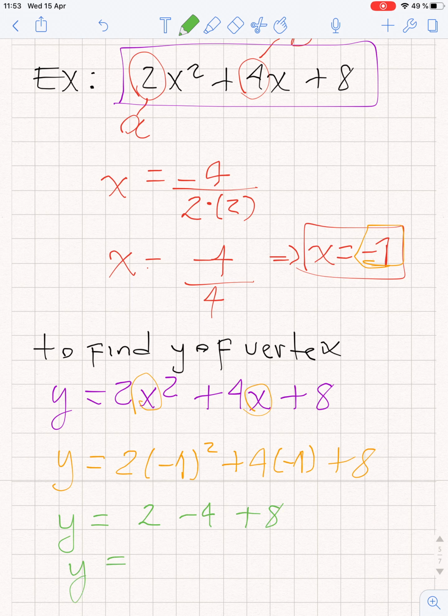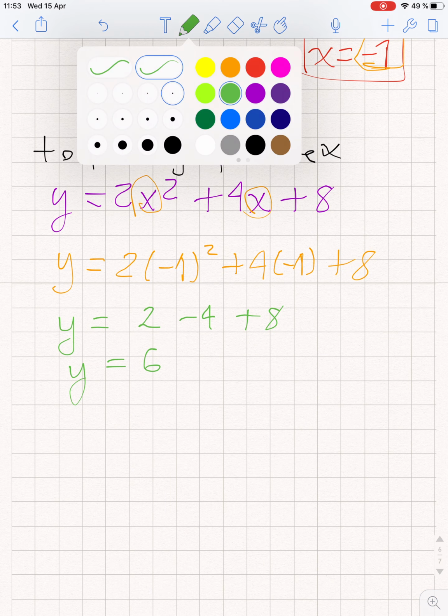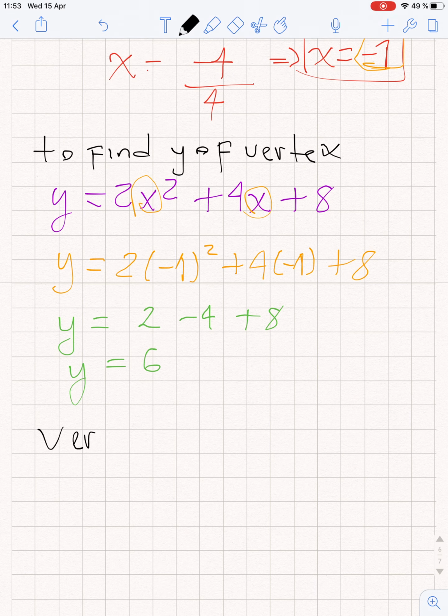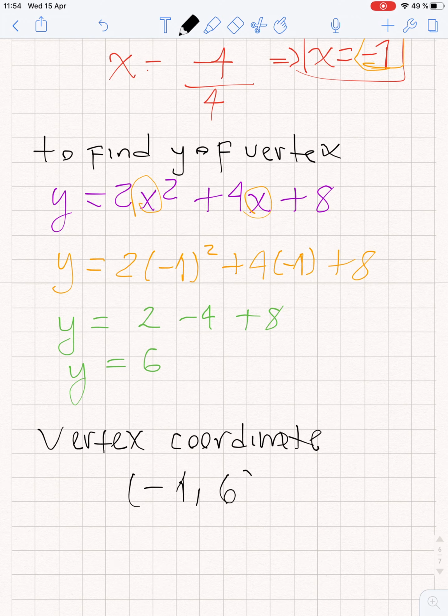And the y value for the vertex in this expression is going to be 2 minus 4, minus 2, plus 8, is going to be 6. And the vertex coordinate is going to be minus 1, comma 6.